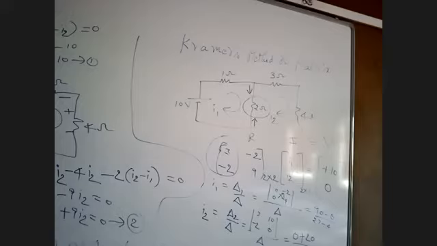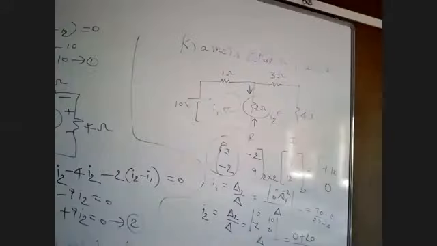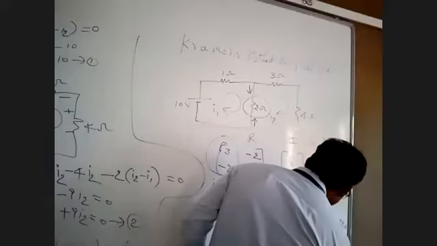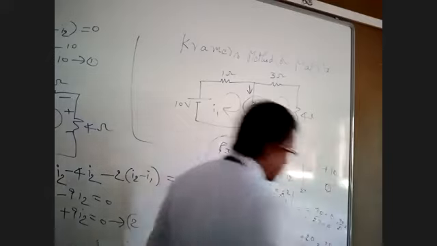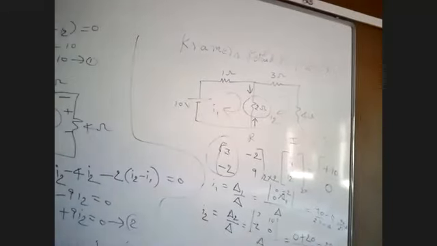What is the value? I1 is 90 by 23. I2 is 20 by 23. This is the I1 and I2 values.